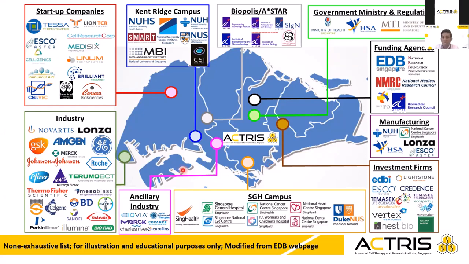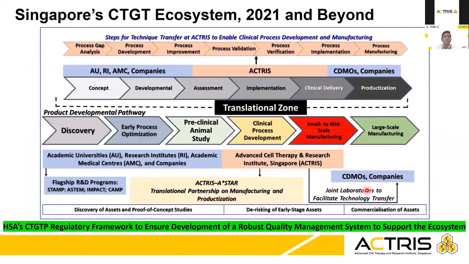Key players are all over the island, from startup companies, industry, and ancillary industry, to our hospitals that are bringing these therapies to patients, research centers such as A-STAR doing groundbreaking work in this space, as well as our universities, then our ministries and regulatory authorities or stat boards that are coming together, including funding agencies, other manufacturing sites, and investment. Again, this is purely for educational purposes.